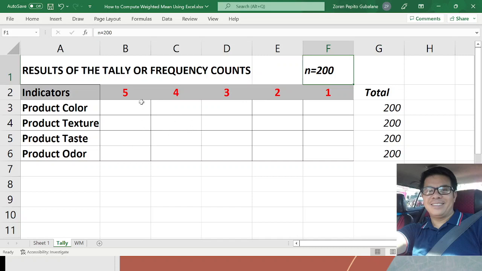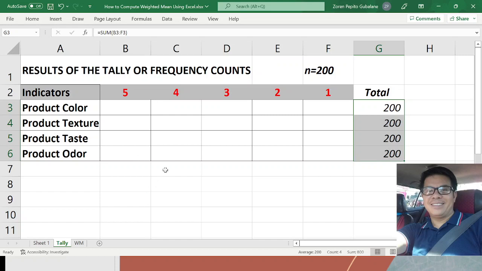This is a product survey, and it is a very important consideration that every time we work on our tally sheets and frequency counts, we focus on the total number of respondents who responded according to a specific scale, such as 5, 4, 3, 2, and 1. So the total must always be 200.